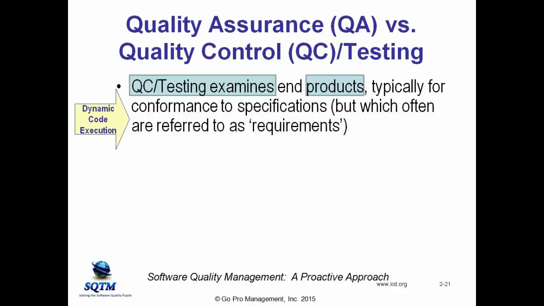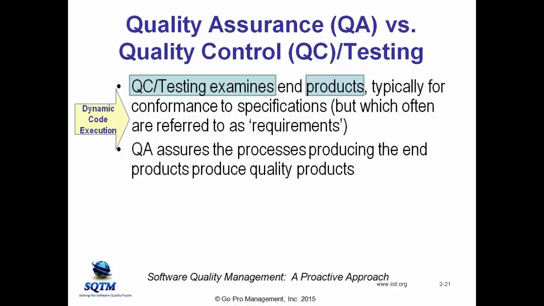Dynamic execution of the code is testing to examine the end product, the working software, whether it conforms to the specifications. Quality assurance should be assuring that the processes producing those products are in fact producing quality products.